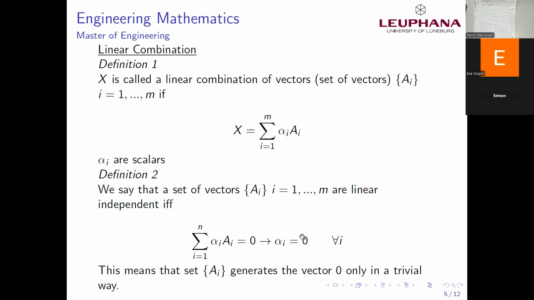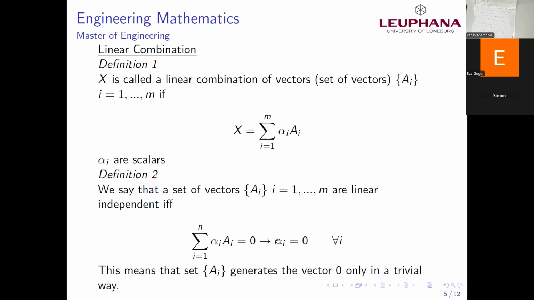This means they are linearly independent if this condition holds, and we can say the same if this condition holds. This tells us that the set of vectors is independent. This is just the definition. Sometimes we have if and only if, sometimes just if, because the definition works in both directions.